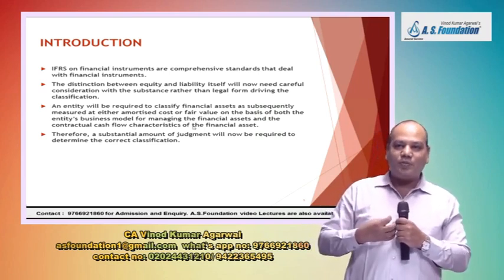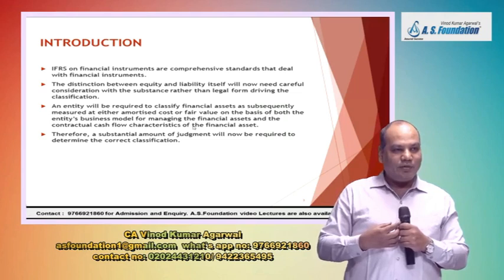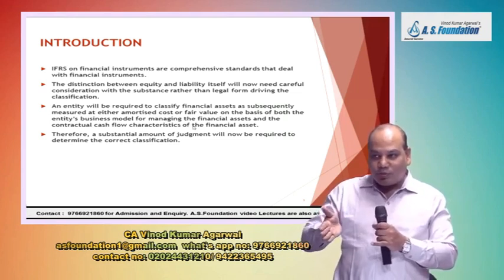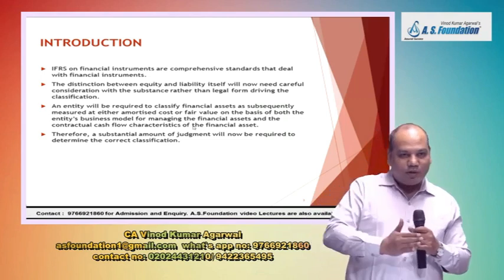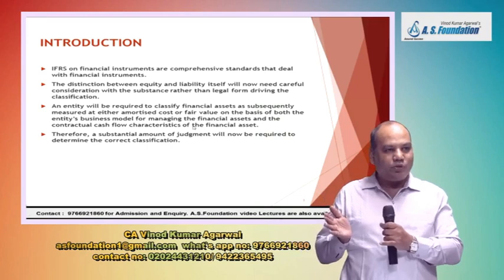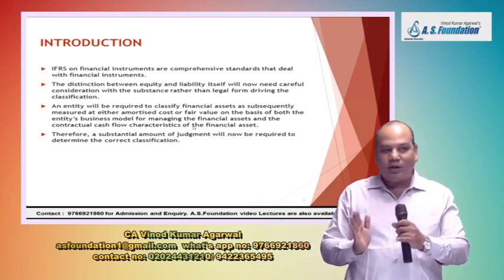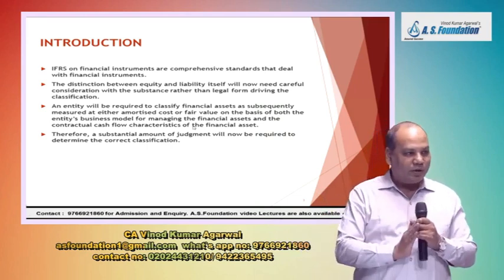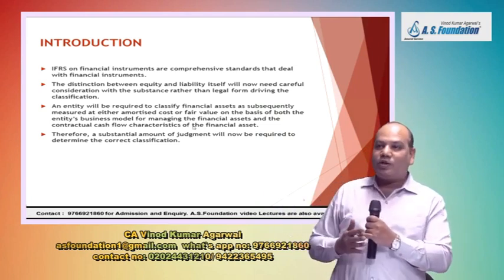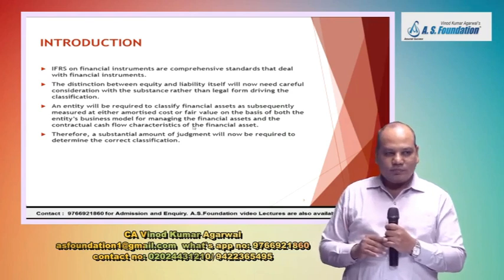Some portion of it is a bond, that is a liability, and some portion of it is equity. So what we have to do is split it into liability and equity. The liability portion will be accounted as per the guidance on financial liability, and the equity portion as per the guidance given for equity.